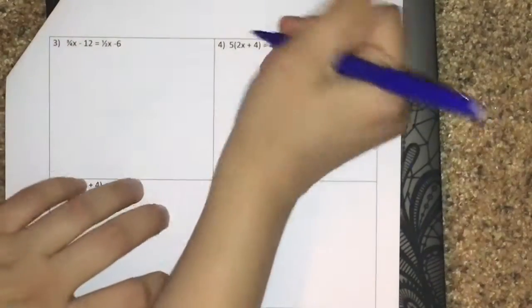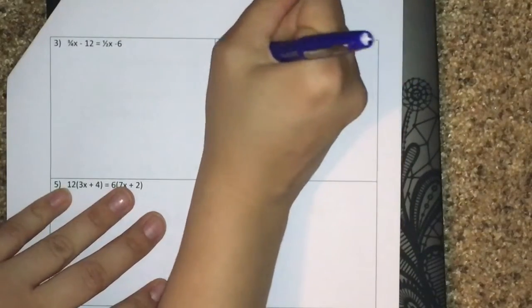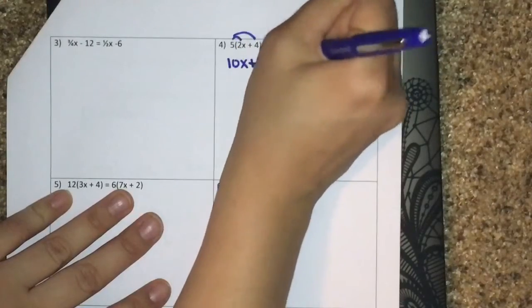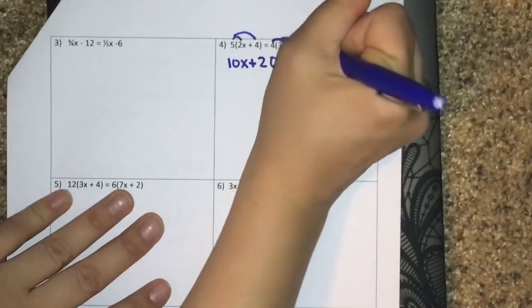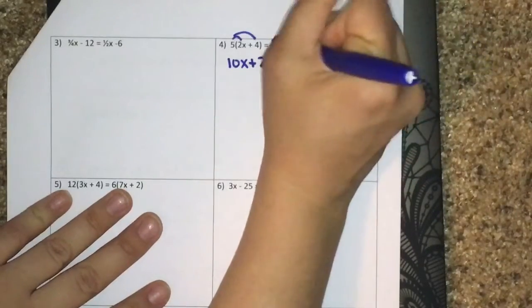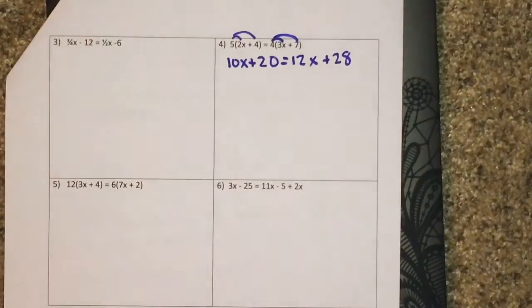So let's start with that. We have 5 times 2x is 10x, 5 times 4 is 20. And then distribute on this side. 4 times 3x is 12x, 4 times 7 is 28. So step 1 is done, we distributed.